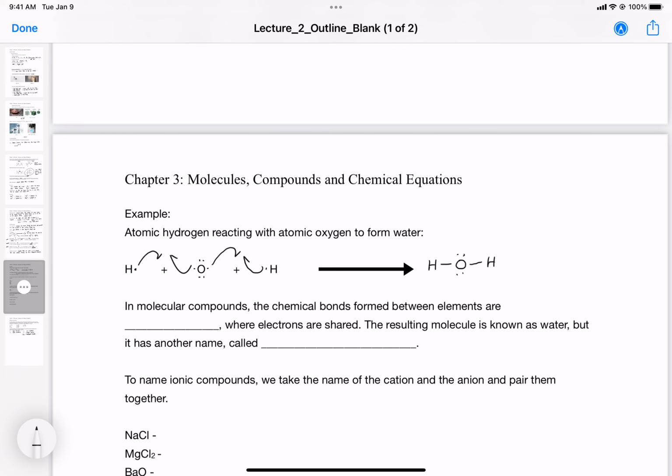So these are called lone pairs of electrons. So lone pair electrons either like to exist as lone pairs or as chemical bonds. So sometimes you may see electrons that are not paired.